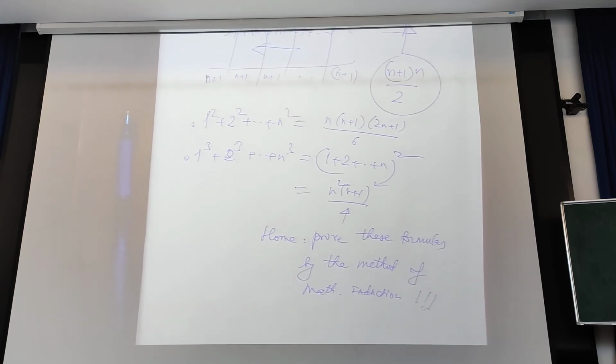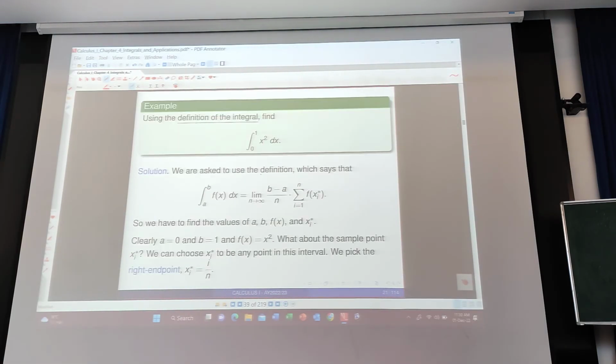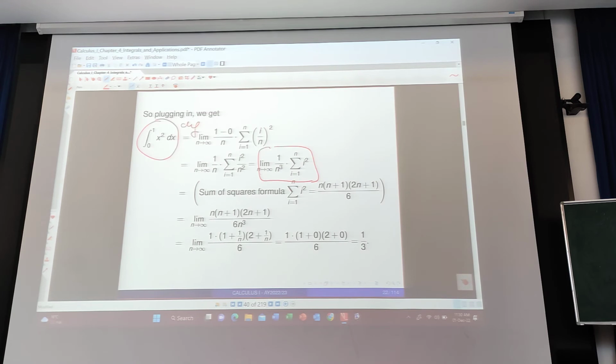And now we move on and then we finish before we have the short break. n plus 1, 2n plus 1 over 6. Then you have to compute the limit.